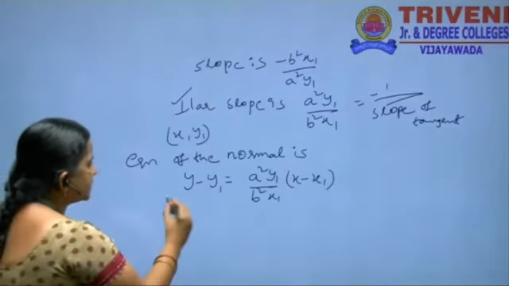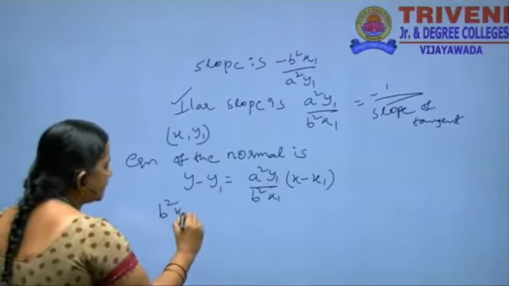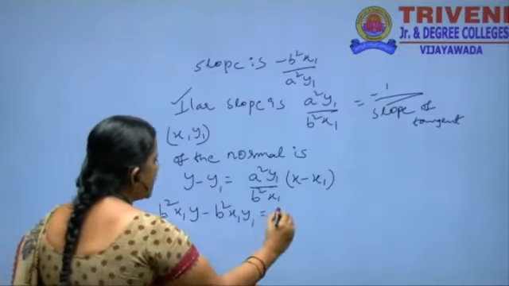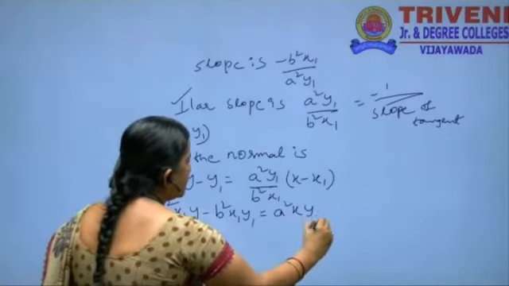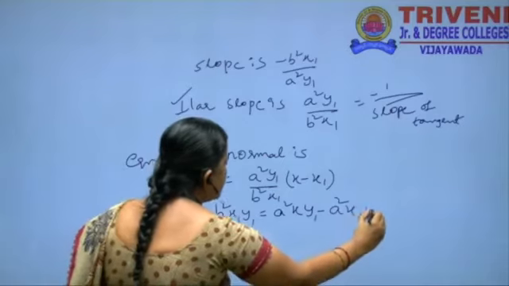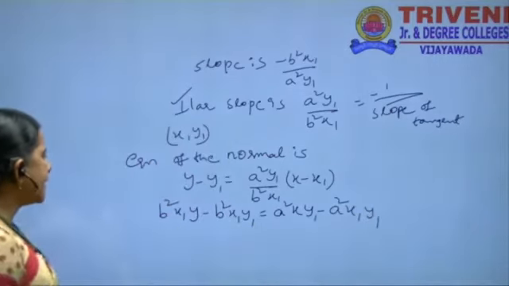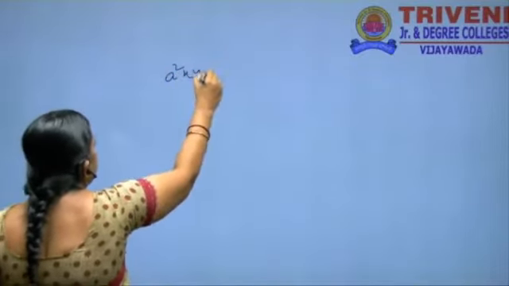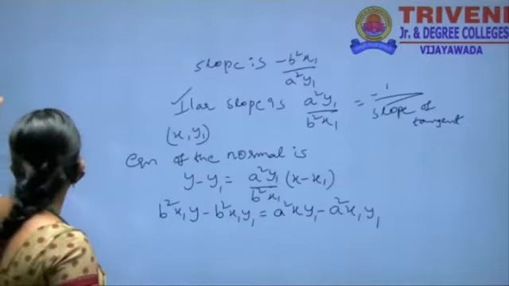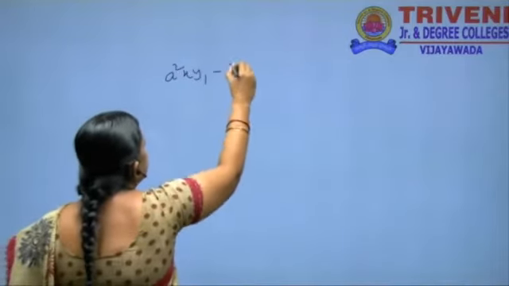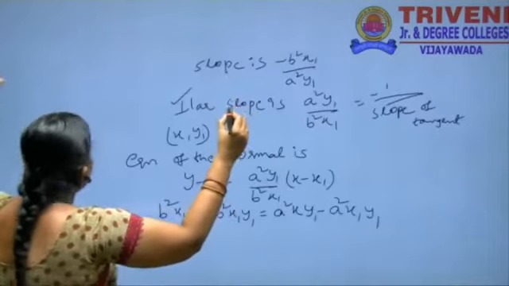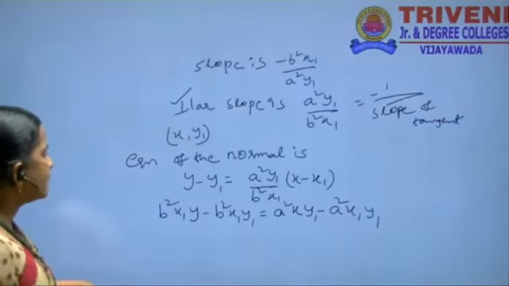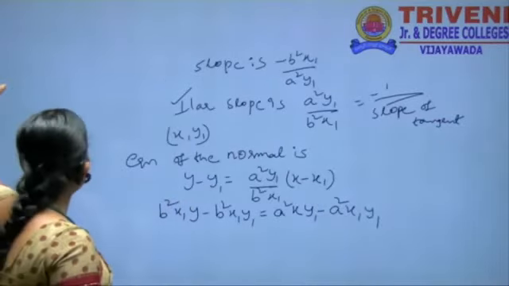Then by cross multiplication we get b square x1 y minus b square x1 y1, and here a square x y1 minus a square x1 y1. We can rearrange as a square x y1 minus b square x1 y is equal to a square x1 y1 minus b square x1 y1.